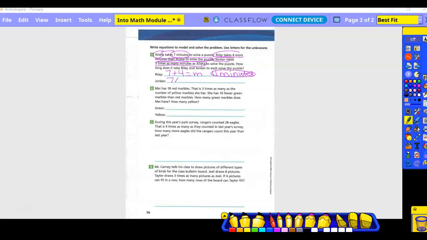Multiplying by 3 equals our number of minutes. What is 7 times 3? 21 minutes. So Riley was 11 minutes and Jordan is 21 minutes.